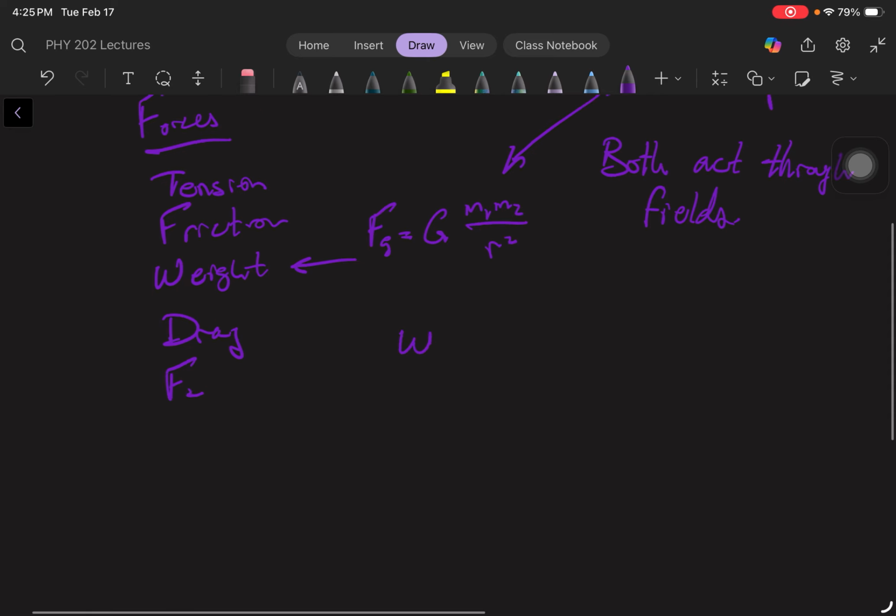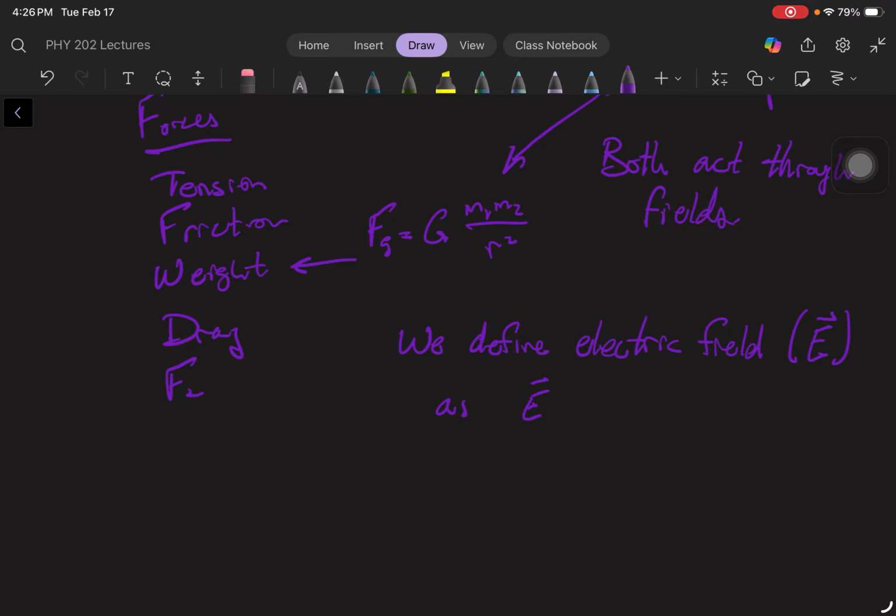We define the electric field as the force a particle would experience divided by the charge of that particle. So electric field has units of newtons per coulomb.